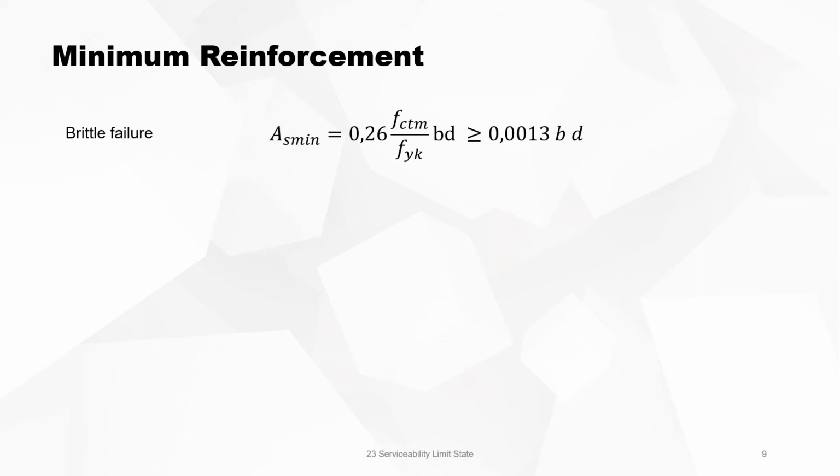So we have seen that this is the formula to avoid brittle failure. There is also a limit to it. It must always be bigger than 0.13% of BD.